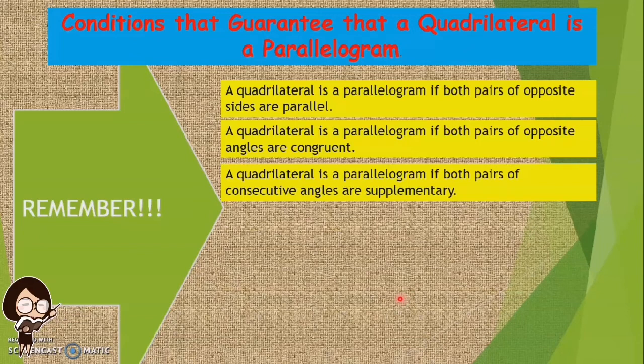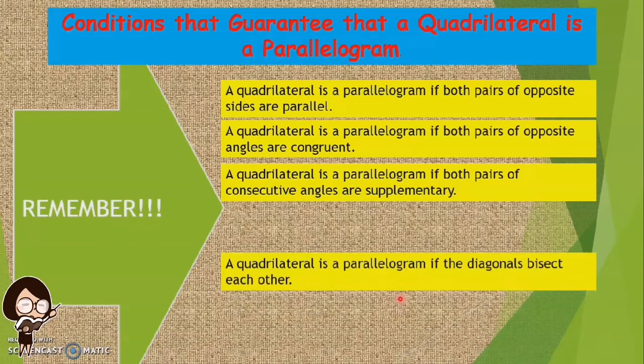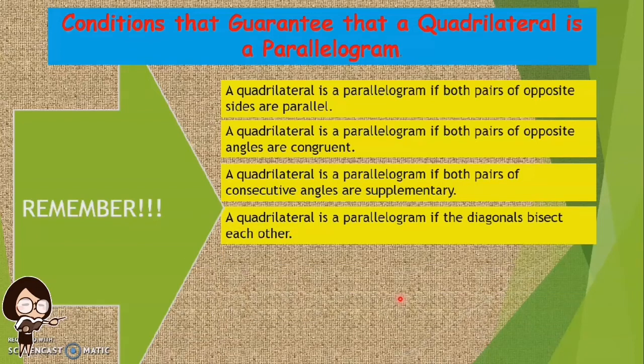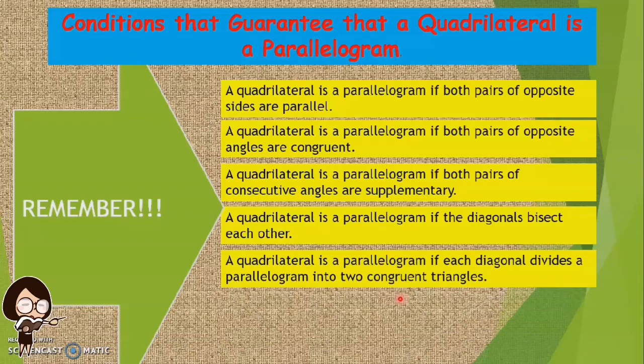A quadrilateral is a parallelogram if both pairs of consecutive angles are supplementary. A quadrilateral is a parallelogram if the diagonals bisect each other. And a quadrilateral is a parallelogram if its diagonals divide it into two congruent triangles.